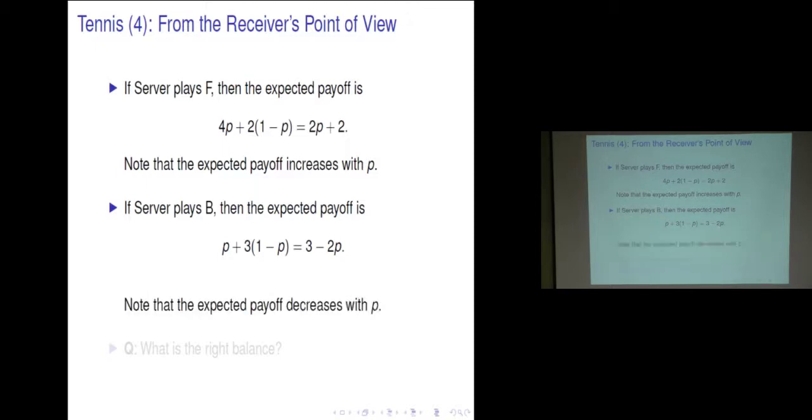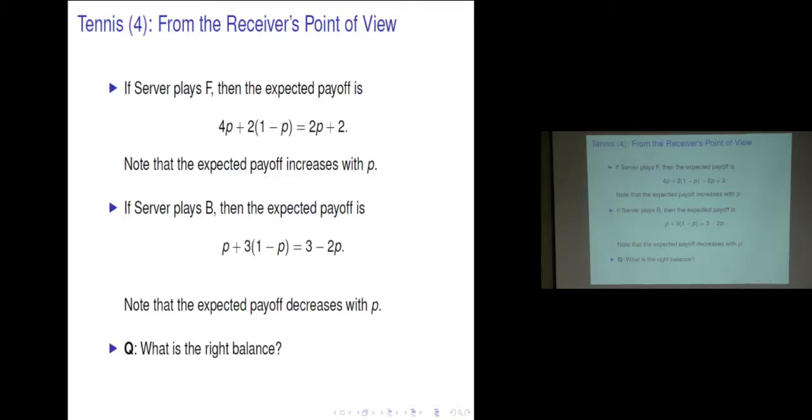Now this is a decreasing function with respect to P, because when you increase P, the leading coefficient is negative, so you get less. This is just some observation.